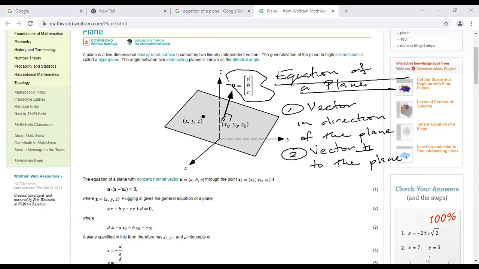Let us say that every point in the plane can be x, y and z, and then we are going to require another vector, which we will call p or some other name.